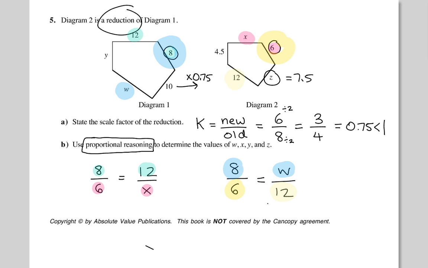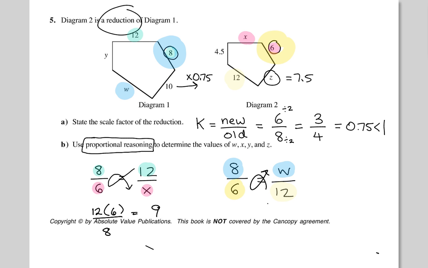And then you just cross multiply. Cross multiply always times the two numbers, dividing the thing across from x. So 12 multiplied by 6, dividing out 8. 12 times 6 divided by 8. This one is 9.